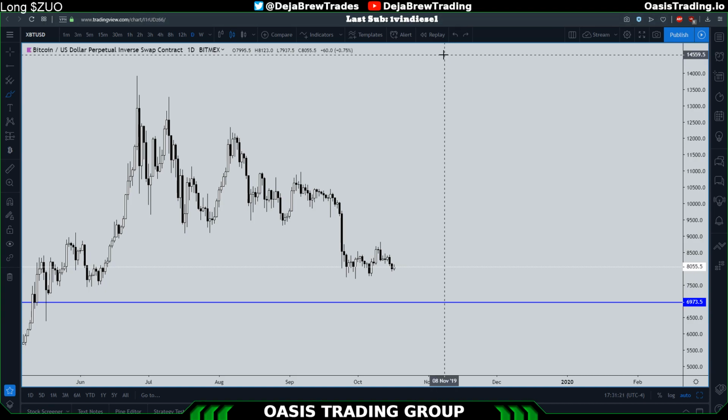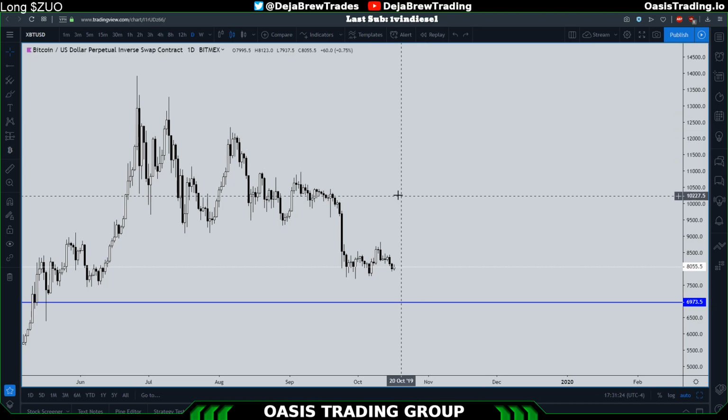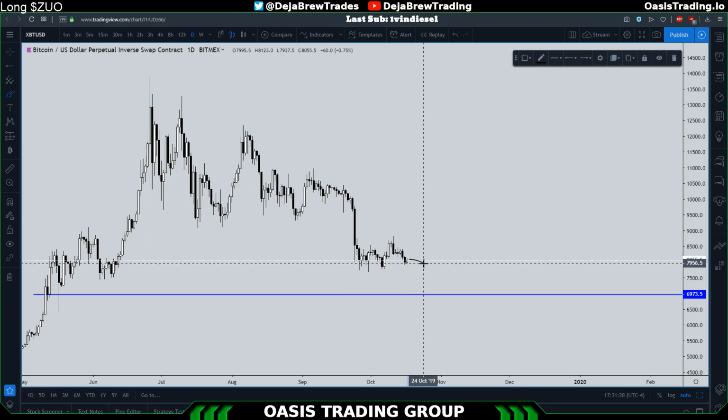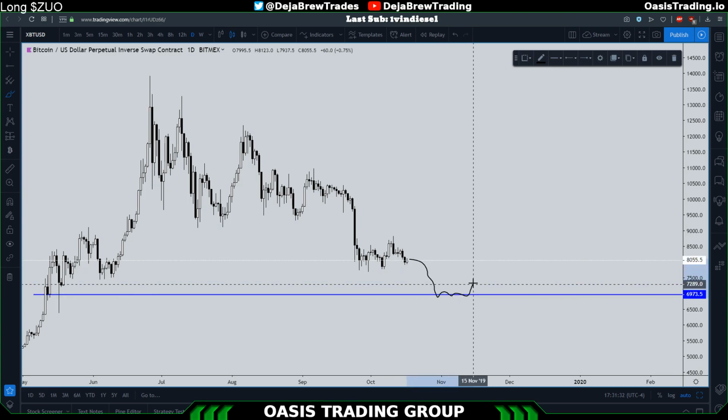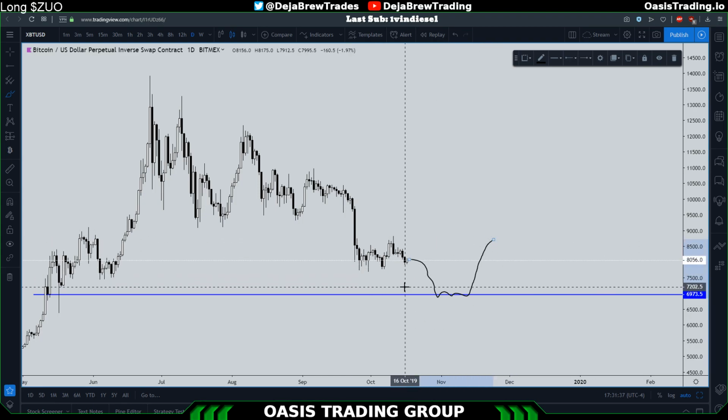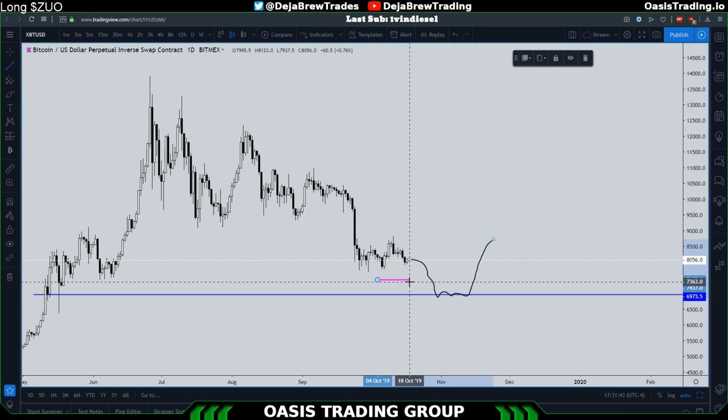But the con of laddering is, what if it does something like this? What if it comes down and you were spot on and it hits your level almost exactly and then bounces? So now if you laddered, let me put these back in just so we can visualize them.